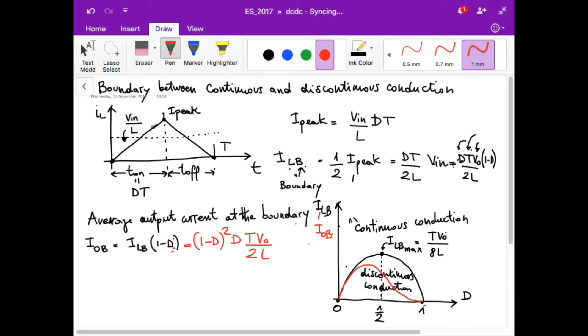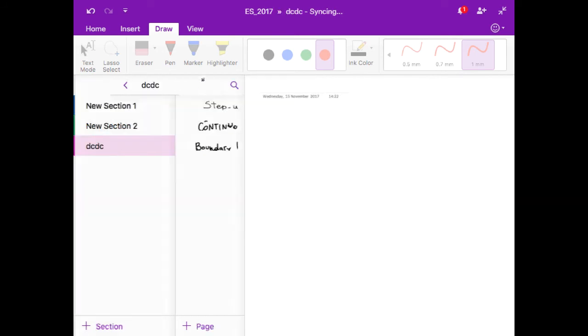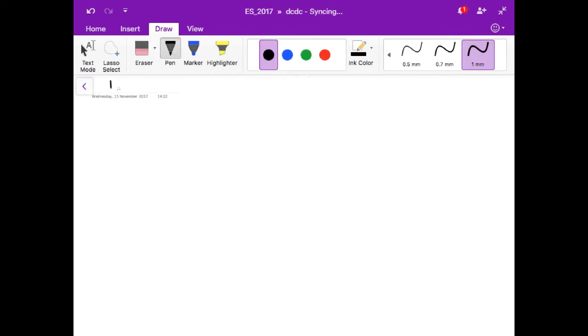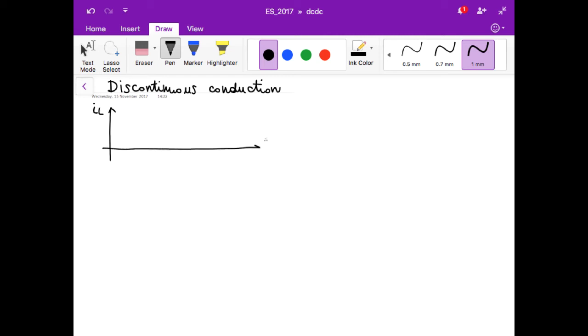Finally, on this point, let's see in more detail what happens in the situation of discontinuous conduction. Now, the situation, if we consider the current, is pretty clear, in the sense that we have to consider three different situations.